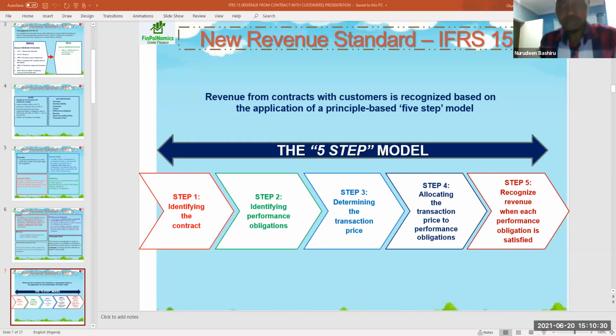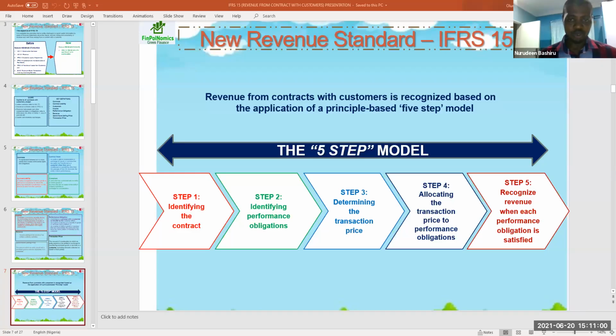Good afternoon, everybody. Okay, thank you very much, Mr. Muiwa. With respect to IFRS 15, honestly speaking, the way the lecture is being structured, I think you are going by this explanation step by step, and it is well understood.